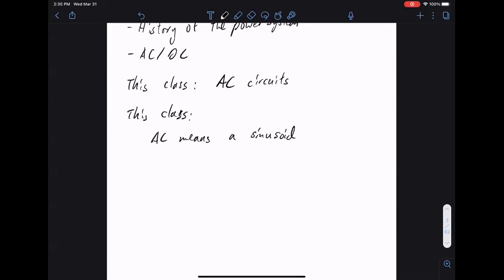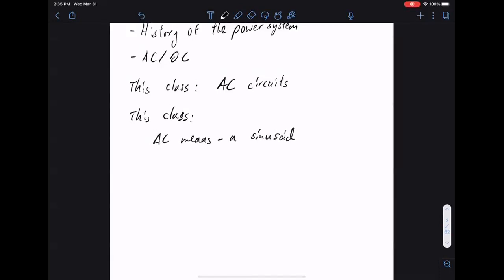But sometimes it will mean a periodic signal with zero mean.